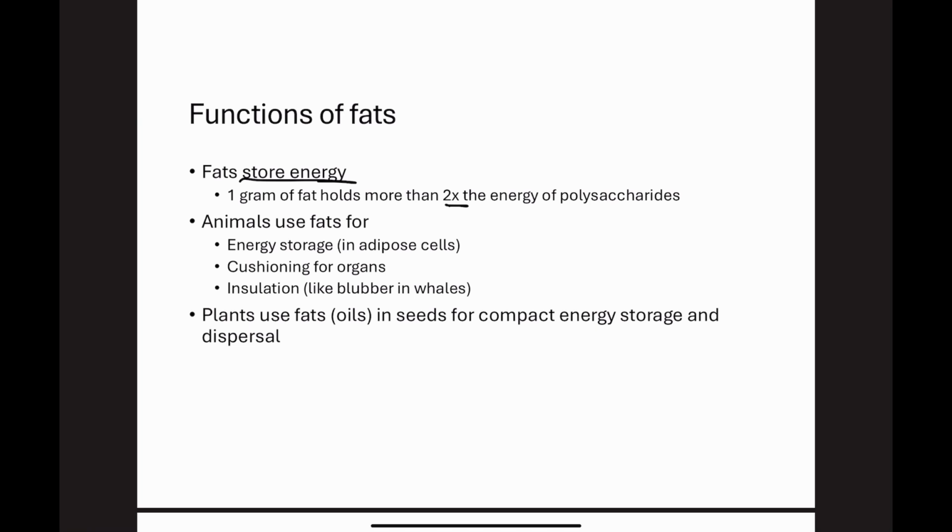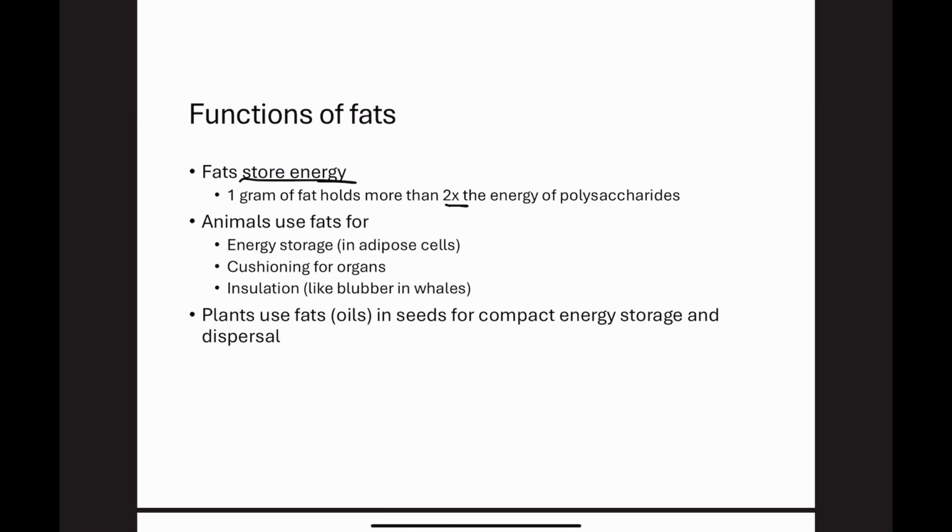So if you guys remember, plants, they store energy as starch, and when they need it, they're going to hydrolyze starch to create glucose, which is an active energy form for them. But as plants store energy as bulky starch, they also have oils that are used in seeds for compact storage during dispersal. And this is necessary for plants, for them to be able to reproduce properly.